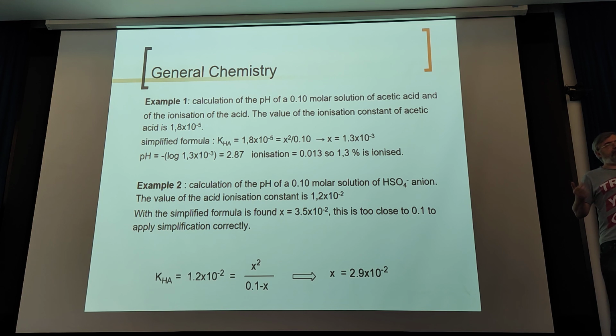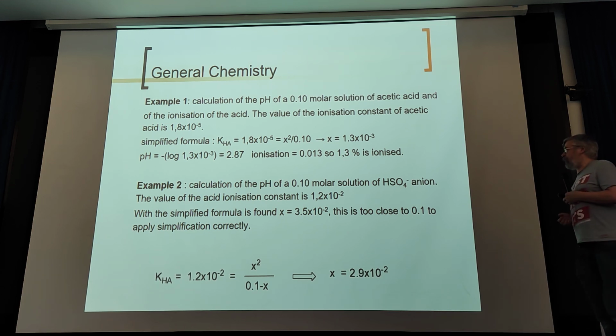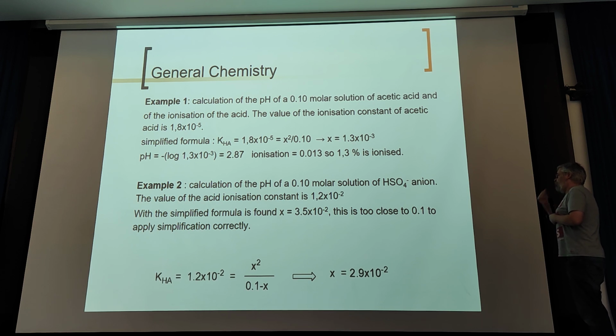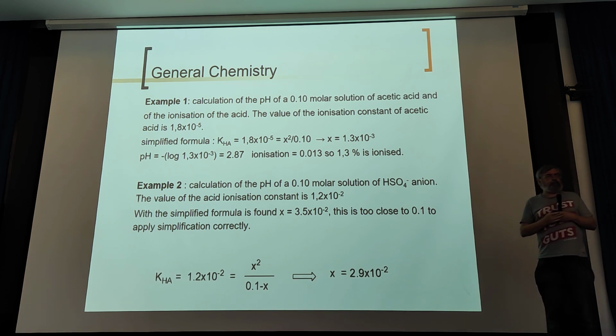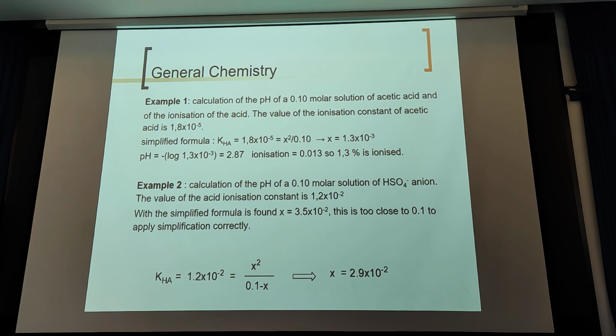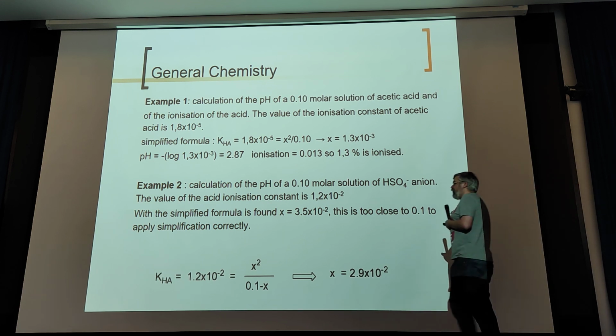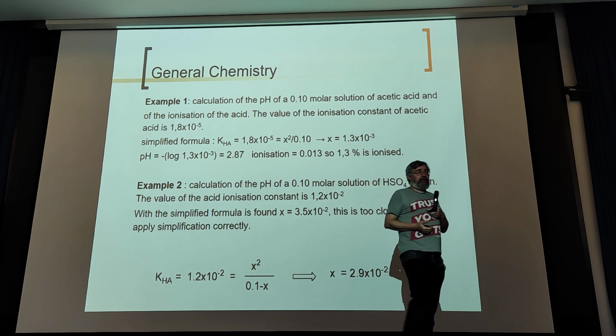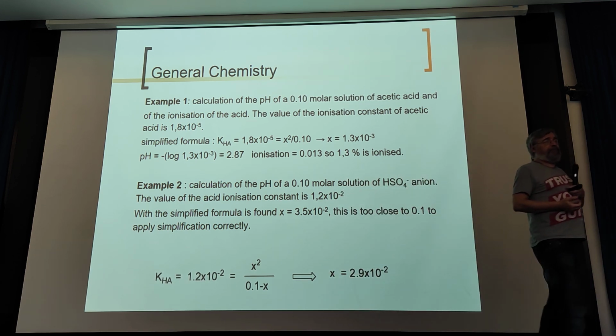Not exactly strong because it still will not be completely ionized, but relatively strong, and in fact this is not applicable to the simplified formula. So what you get is 3.5 10 to the minus 2, and this is 35% of the original concentration.